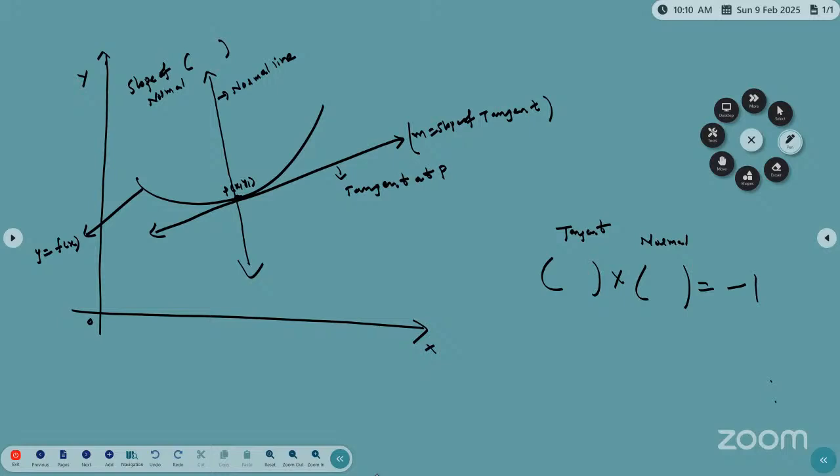If two lines are perpendicular, their product must be how much? What is the slope of the tangent? And what is this value?